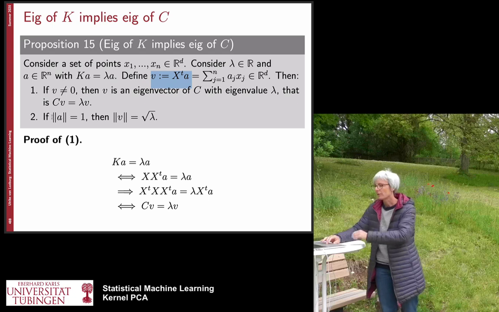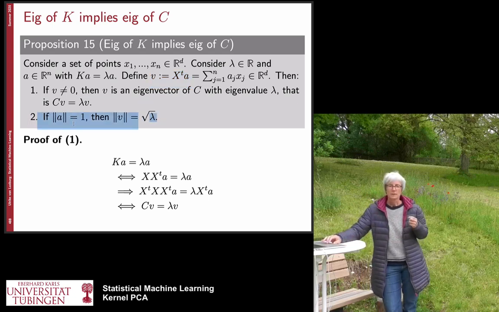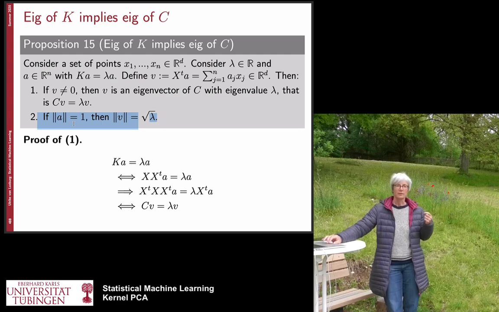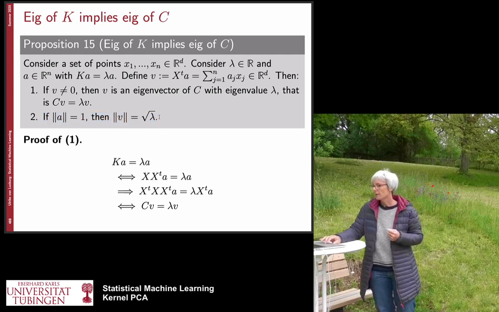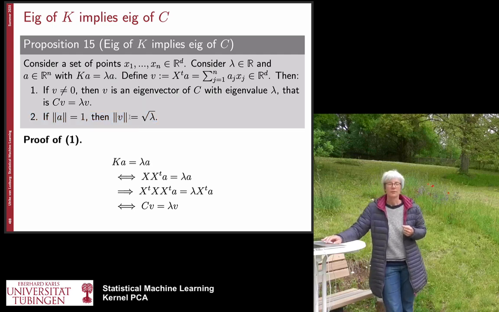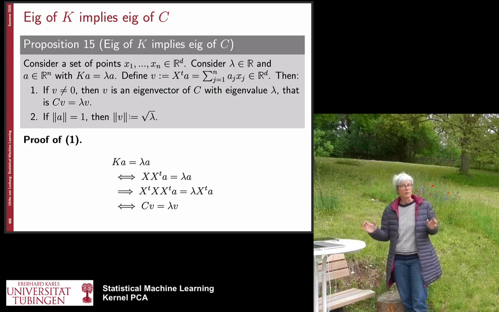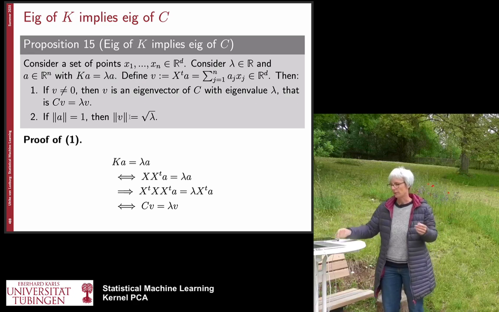And we also know something about the length of this vector. If A, the original eigenvector of K we started with, has norm 1, then this new eigenvector V, in the way we defined it above, has norm square root of lambda. For now, let's first of all look at the proof and later digest again what this means.